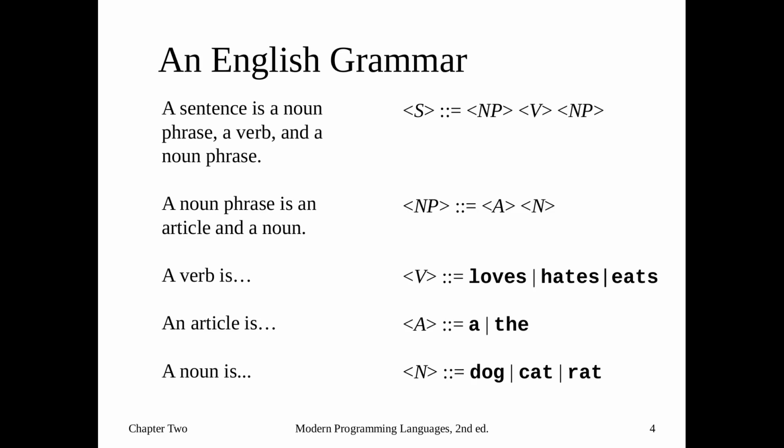A noun phrase can then be further broken down into an article and a noun, and a verb, in this really simplified version of English, can be one of three possible words: loves, hates, eats. An article is a or the, and a noun can be limited down to dog, cat, or rat.